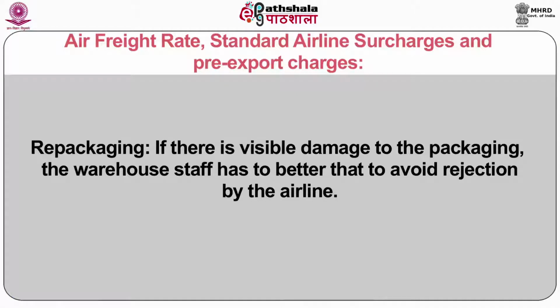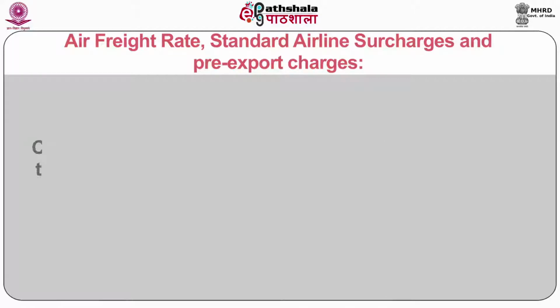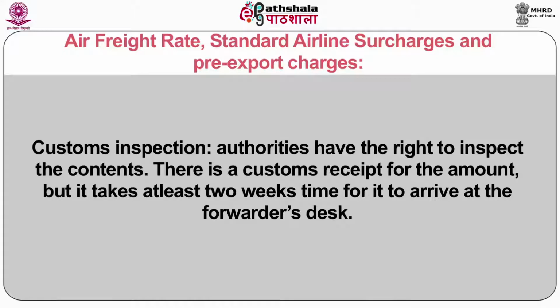If there is visible damage to the packaging, the warehouse staff has to repack it to avoid rejection by the airline. Customs inspection. That is, authorities have the right to inspect the contents. There is a customs receipt for the amount, but it takes at least 2 weeks' time for it to arrive at the forwarder's desk.